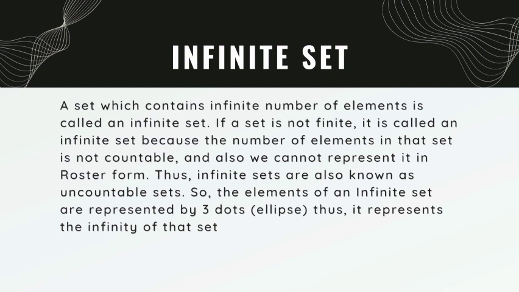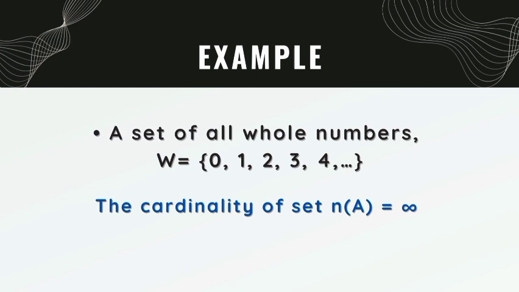And we have here an example of an infinite set. For example, a set of whole numbers: 0, 1, 2, 3, 4, and so on. The ellipsis symbol, as I said earlier, represents the infinity of this set. So we can say that the cardinality of this set is infinity.